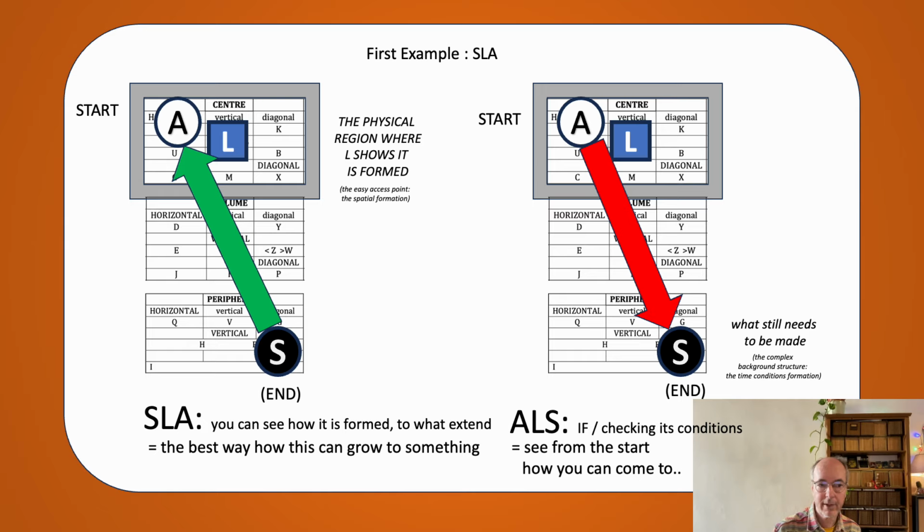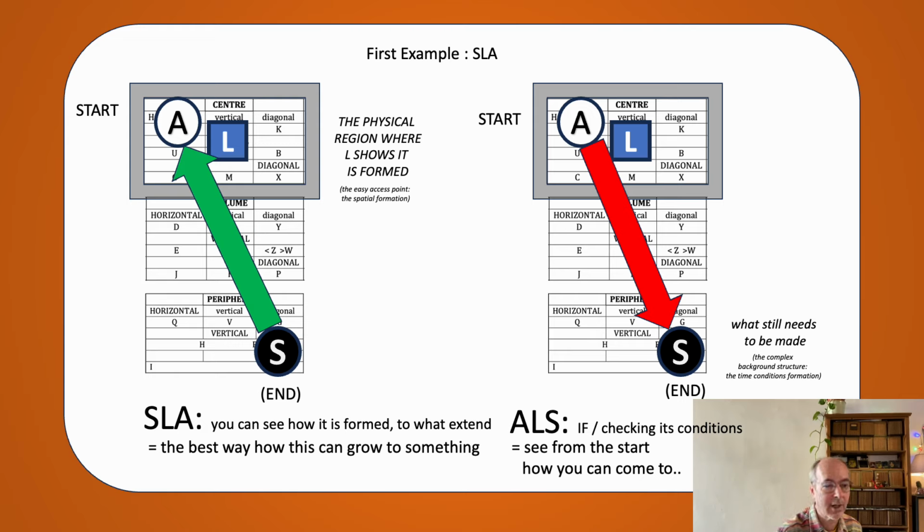So the first word that I will explain very shortly is SLA, or salad, or the vegetable as well. I forgot to look up how it's said in English. And then the opposite, ALS, you can also place on this structure.